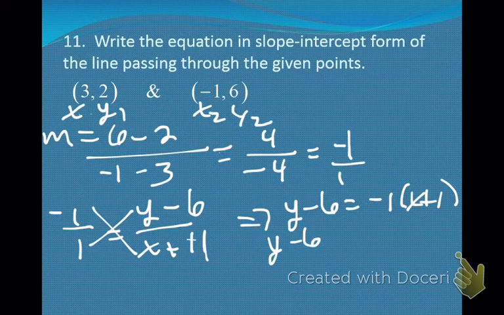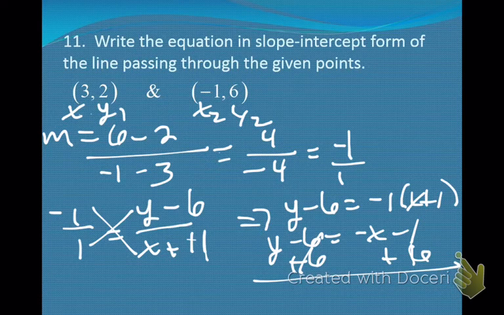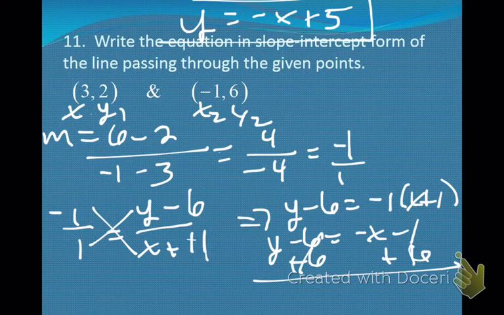So we go y minus 6 equals negative x minus 1, and now when we add 6, we get y equals negative x plus 5. Is that what you got? I hope so.